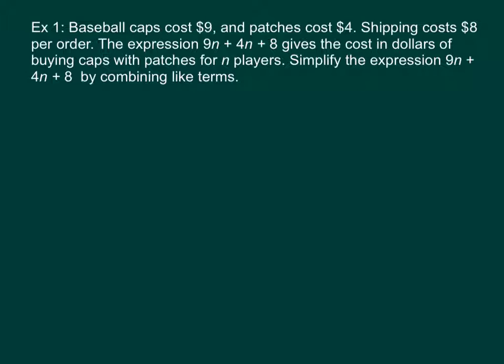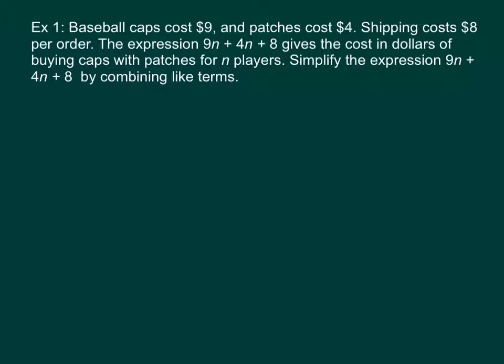Okay, here's our first example. Example 1 is baseball caps cost $9, and patches, which would go on the cap, cost $4, and shipping costs $8 per order. The expression 9n plus 4n plus 8 gives the cost in dollars of buying caps with patches for n players.